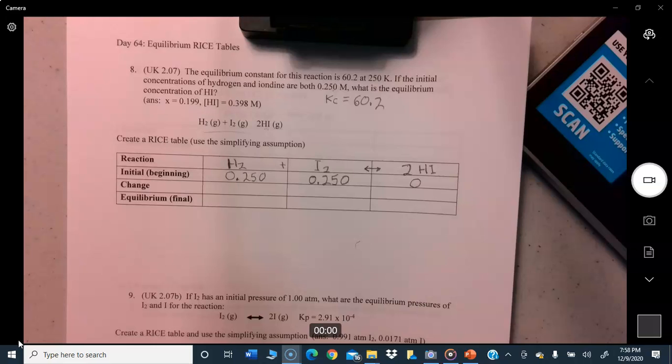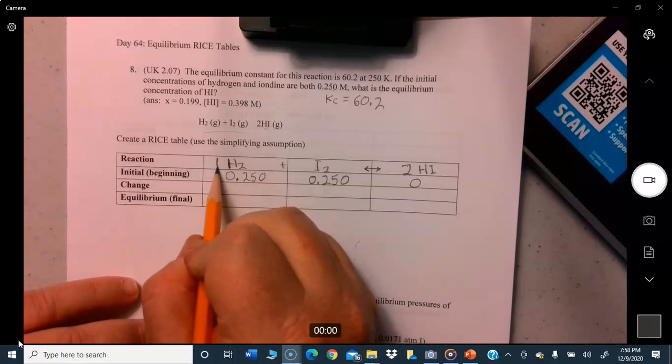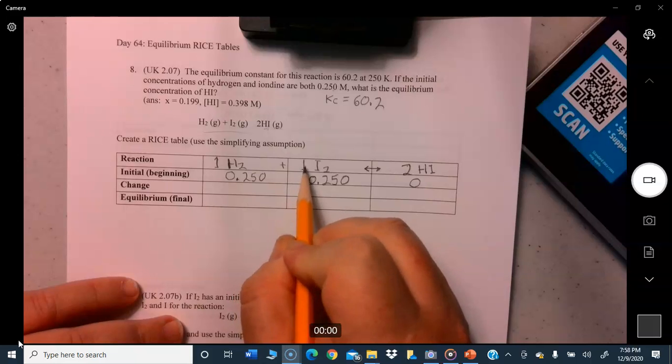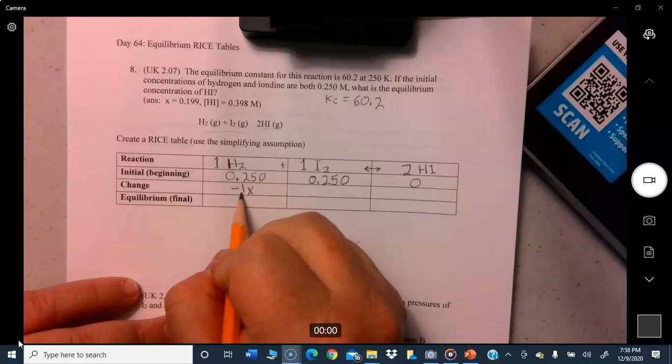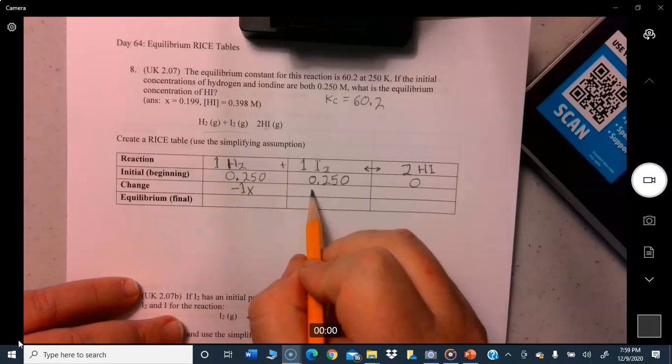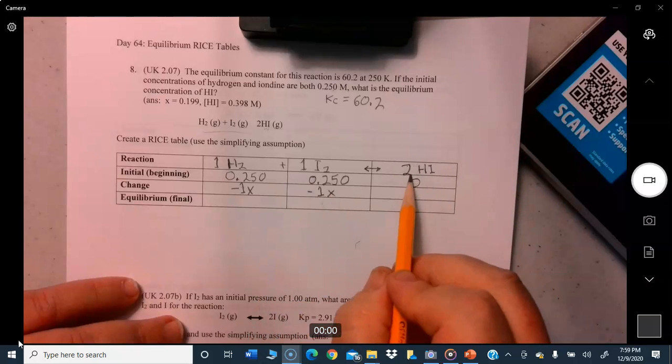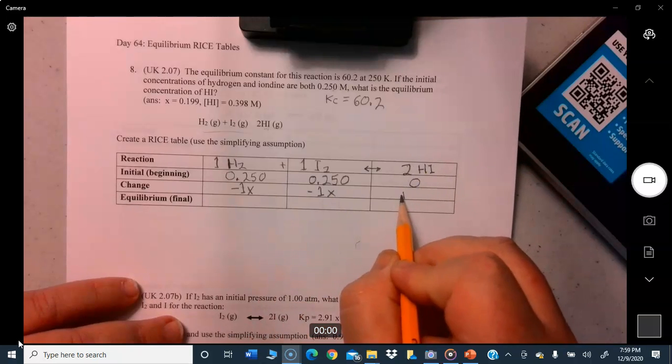Okay, pause. You can always pause, you can always go back. Okay, so I'm going to move forward. So these coefficients are 1. So this is going to be minus 1x. And this is a 2. So yeah, we have seen this before.